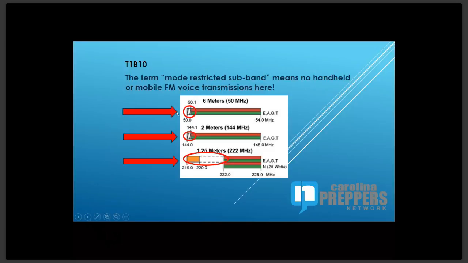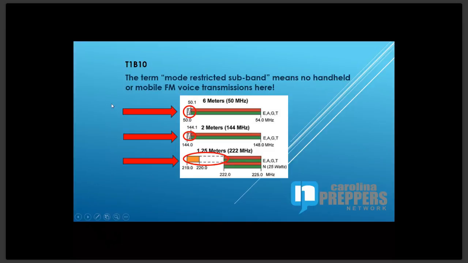Now I will tell you that you are more likely to get in trouble for using voice in the digital area than you are for using digital in the voice area. Because you see right here on 6 meters, they're only given 0.1, 1/10 of a megahertz, to be able to operate.